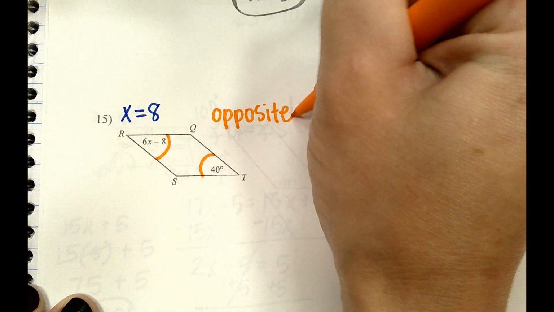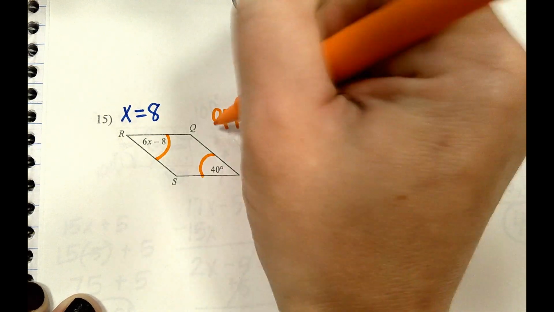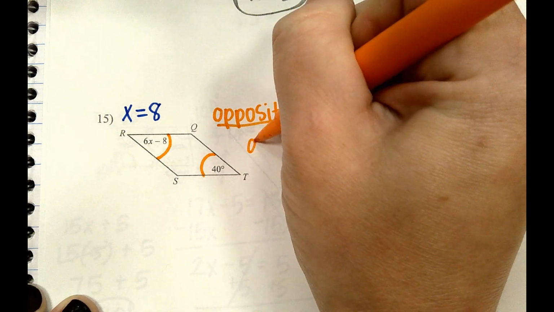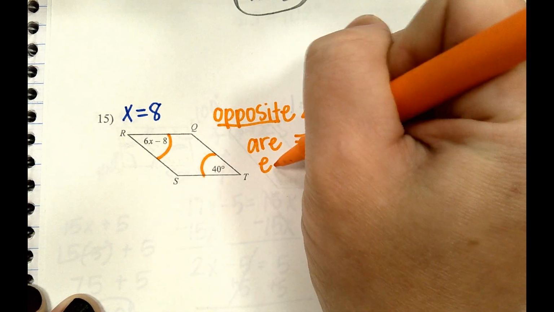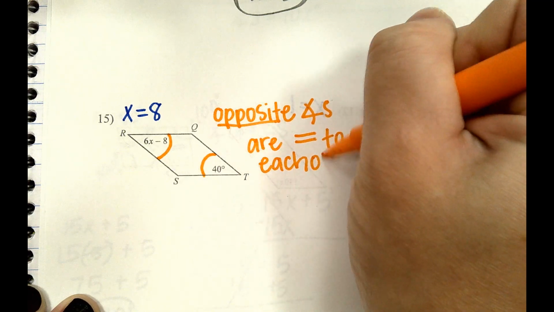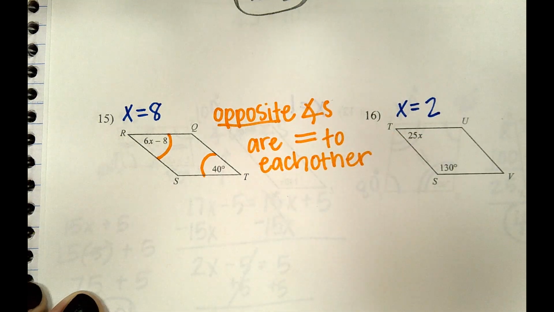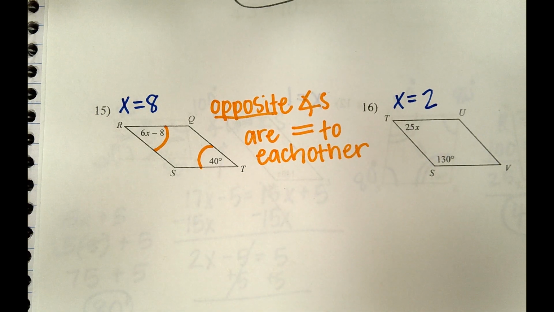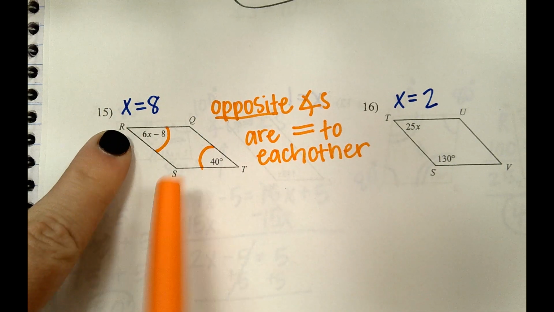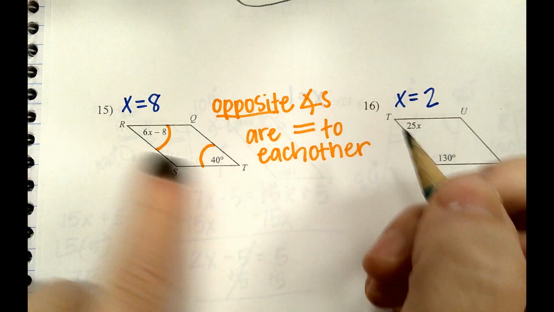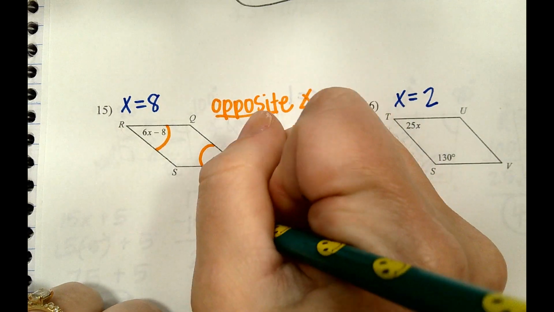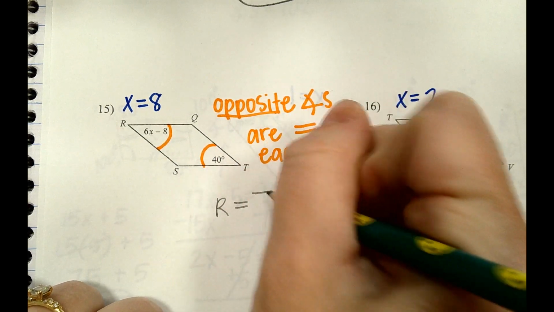So I'm going to write here, opposite angles are equal to each other. So I've got angle R and angle T, and I know because these are opposite, angle R is equal to angle T.